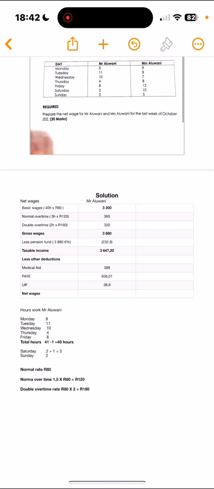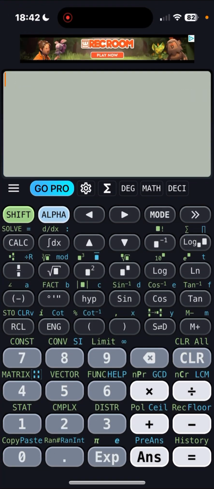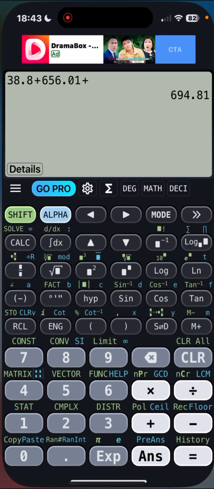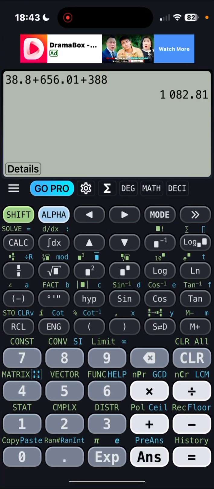So these are our other deductions, and then we have to add all of them. 38.8 plus 646.01 plus 388.